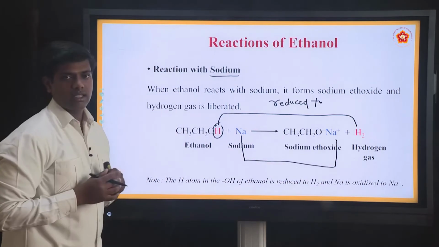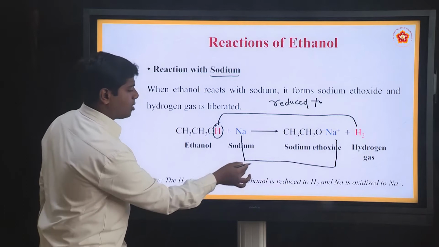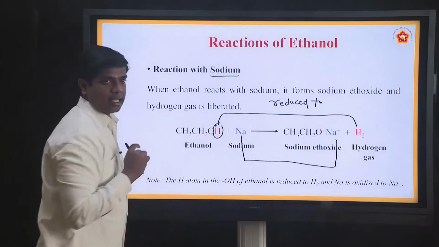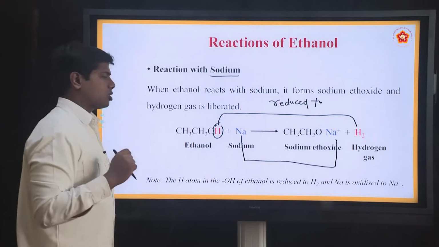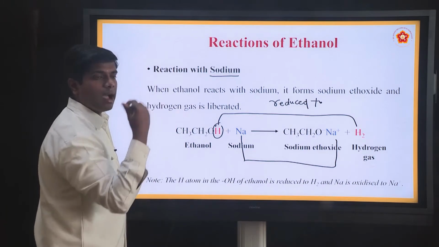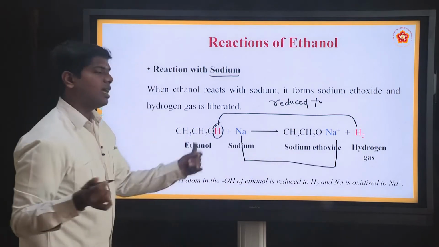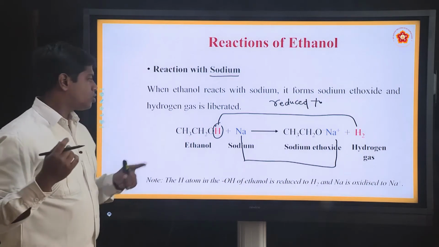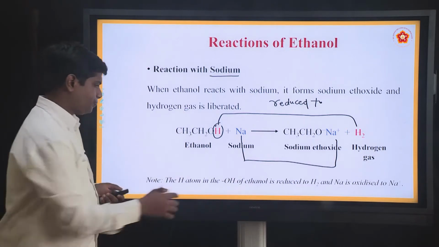Once again, the hydrogen atom in the OH of ethanol is reduced to hydrogen gas. Reduction means addition of hydrogen, removal of oxygen. Next, what is oxidation? Addition of oxygen, removal of hydrogen. Sodium is oxidized to Na+. This is the important reaction. Please note down. They may ask you to convert ethanol into sodium ethoxide, then you have to write this equation.